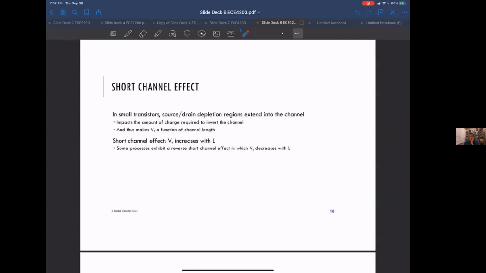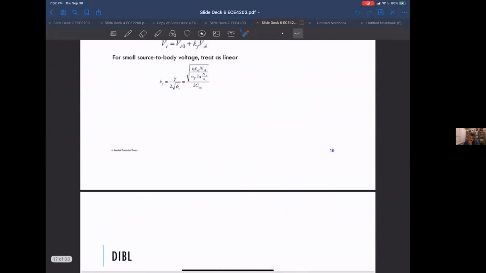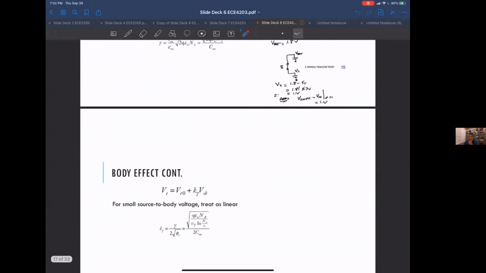Let's dig back into the second order effects for MOS transistors. So we talked about the body effect. Where were we at?